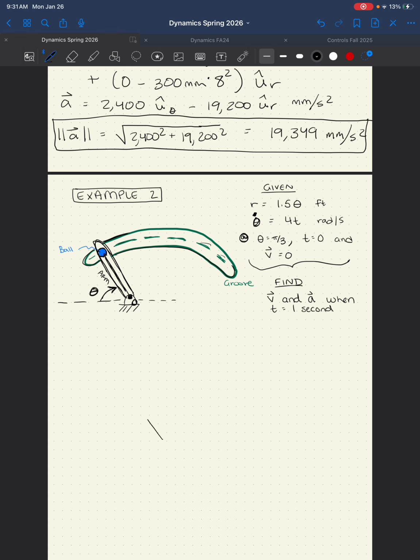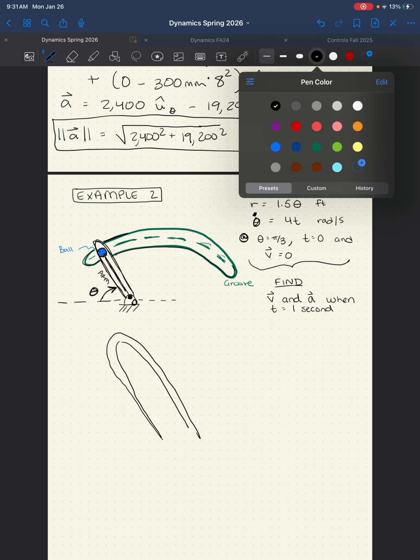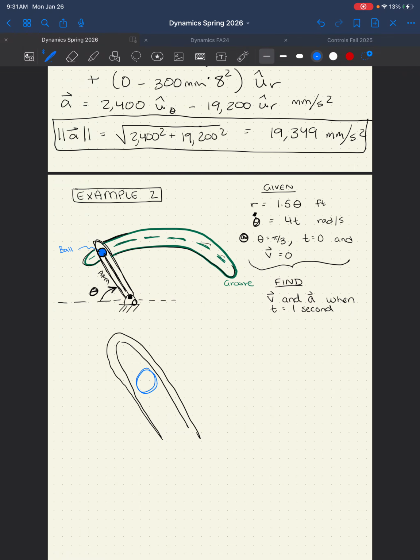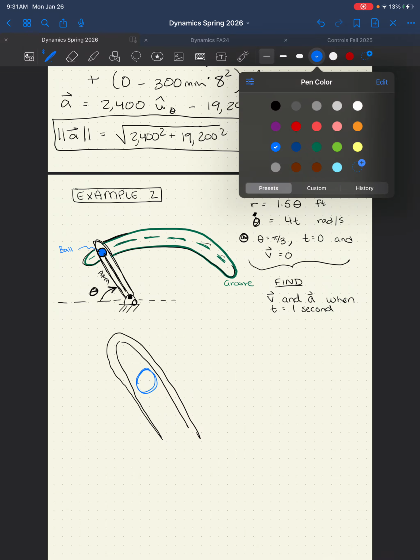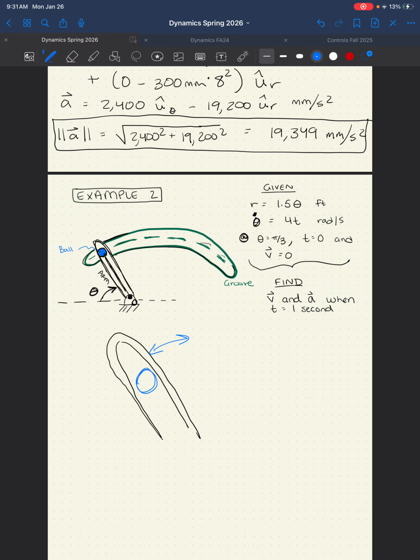So this arm is kind of like hollow, like this. And the ball is inside of this hollow part. So as the radial arm moves left and right, it pushes the ball along this grooved path.